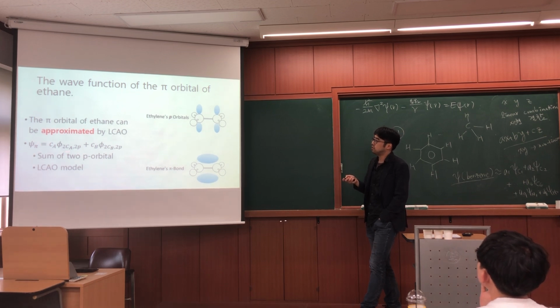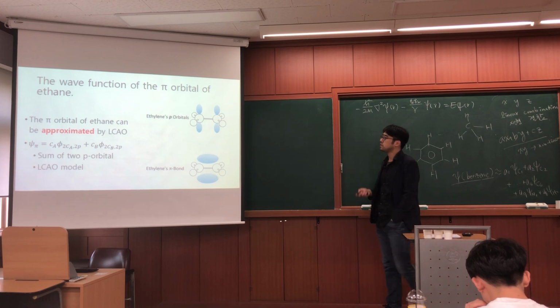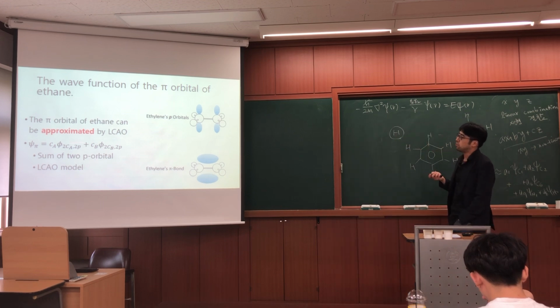This is also another example of the LCAO approximation. When we describe this, we just assume that this is this one plus this one. This is a very simple equation, right? By doing this, we can solve this one.